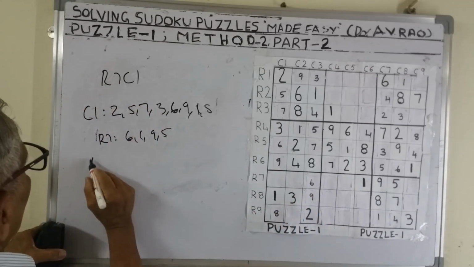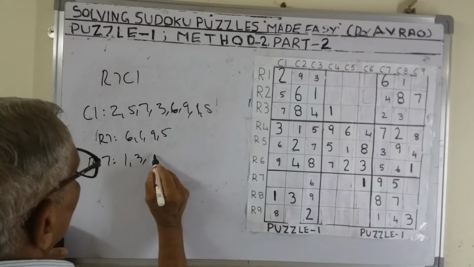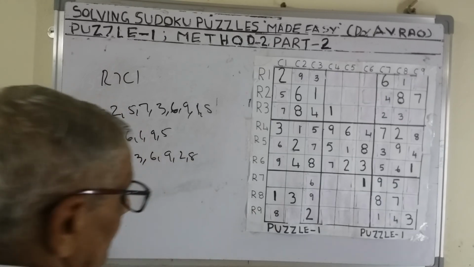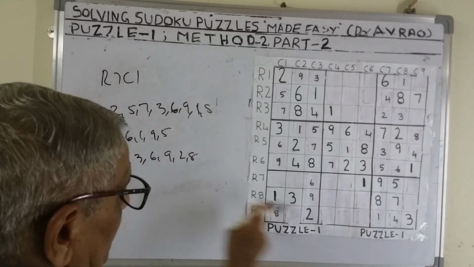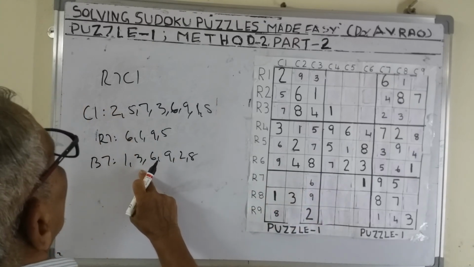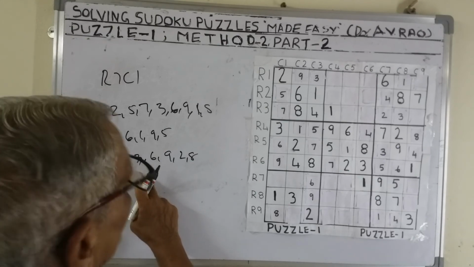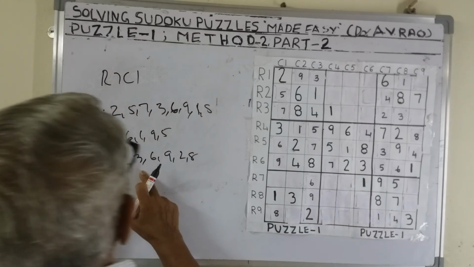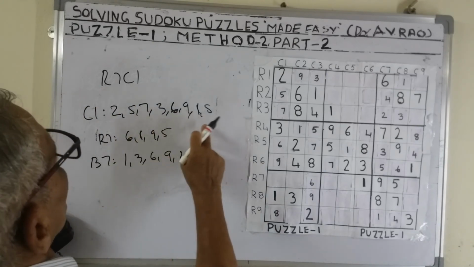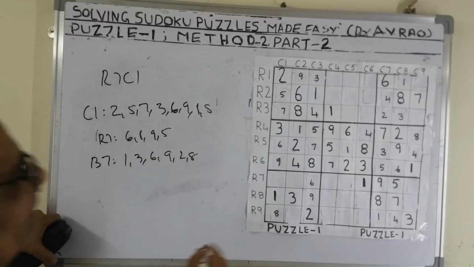Box B7: 1, 3, 6, 9, 2 and 8. 1, 2, 3, 5 is there, 6 is there. The missing number is 4. Let us write 4 here.